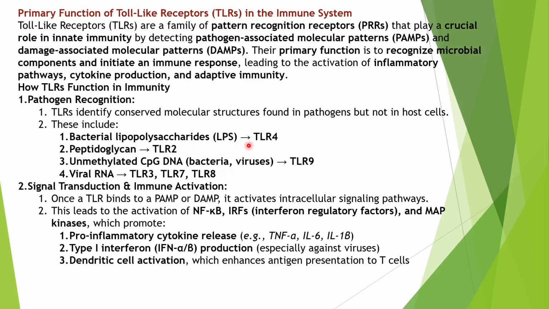Your LPS is mostly detected by your TLR4, and for your peptidoglycan layer you have TLR2. Unmethylated CpG DNA is also a pathogen associated marker. In bacteria and viruses, this is detected by TLR9. And then for viral RNA, we have TLR3, 7, and 8.